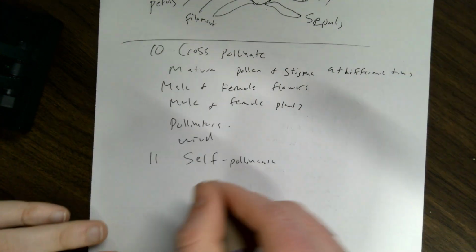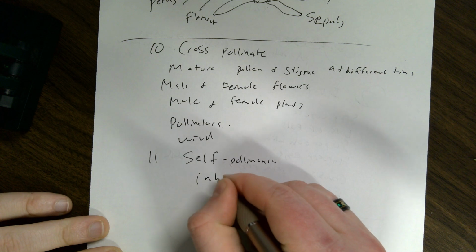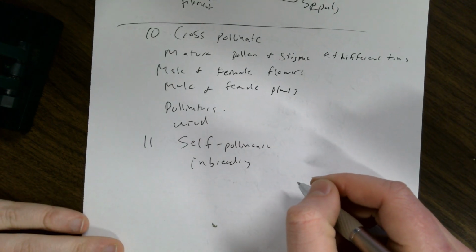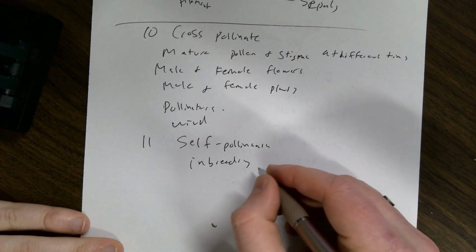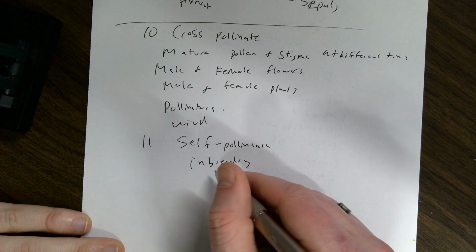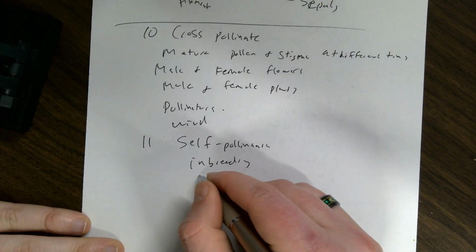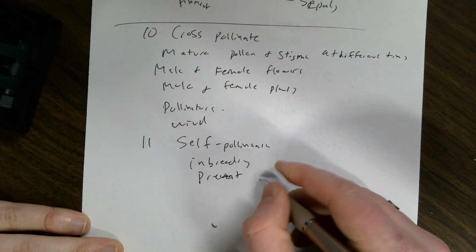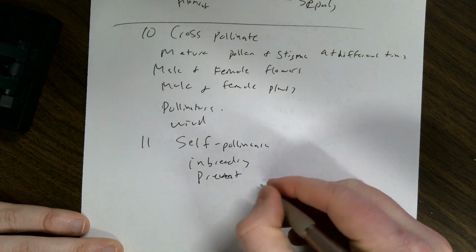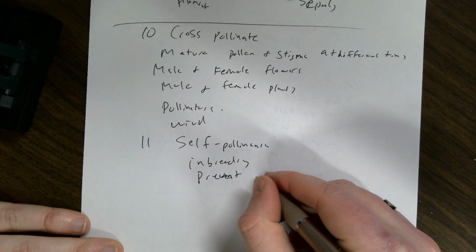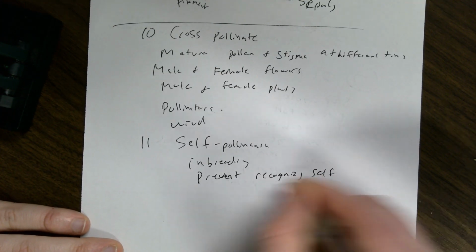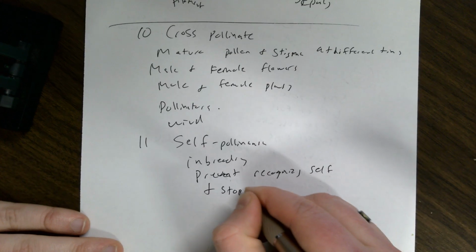Okay, so self-pollination is bad, leads to inbreeding, and so you don't want that when you have your plants. And so what you can do instead is you have the ability to prevent self-fertilization by recognizing self and stopping it from happening.